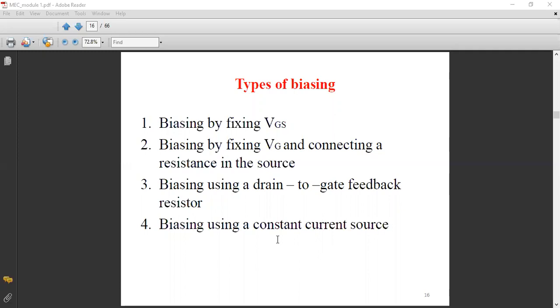So we will generate a constant current source at one point of the IC, and from that node we steer the required current by using these mirror circuits or other current sources, and then we could steer this current to different other parts of the IC as well. That is the main application of the constant current source. So the fourth technique will be used prominently in the fabrication of integrated circuits.